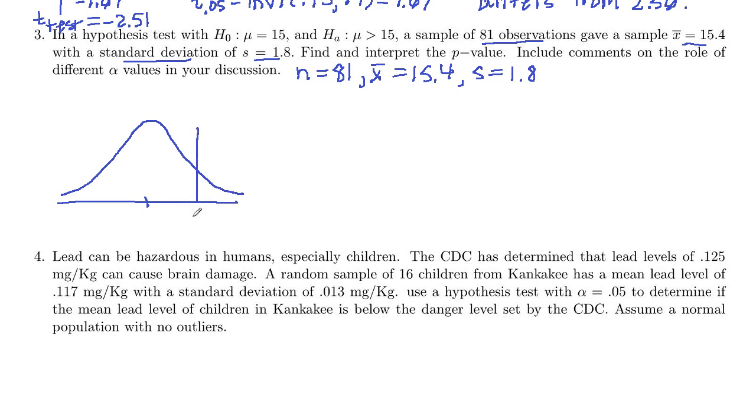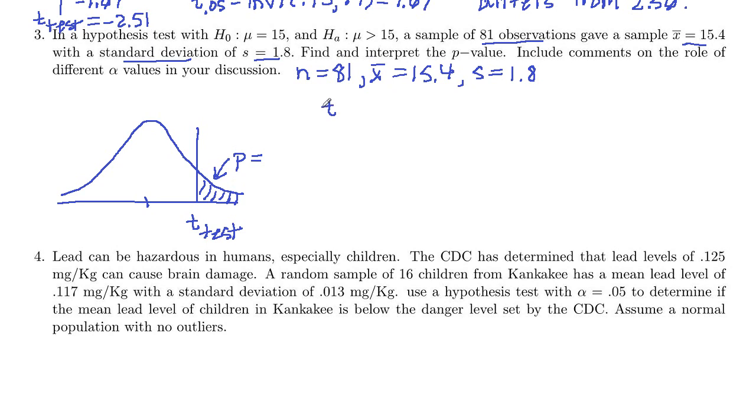So this is going to be our test statistic, so we want to put our t-test in there. And then our alpha value here would be, well, it'd have to be bigger than the p-value. So our p-value is this area right here past the test statistic. It'd have to be bigger than our p-value in order to reject the null hypothesis.